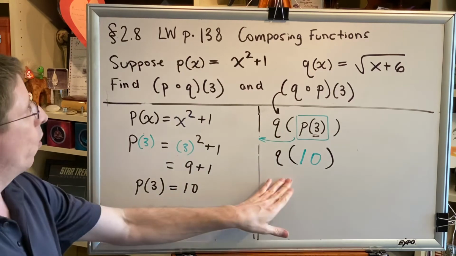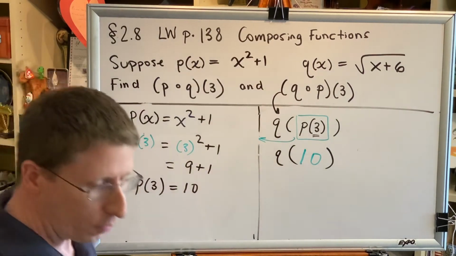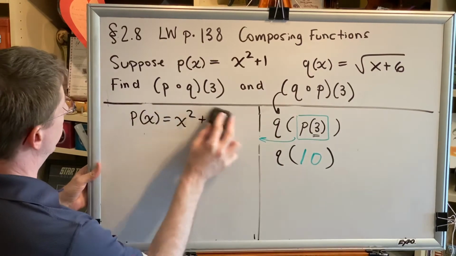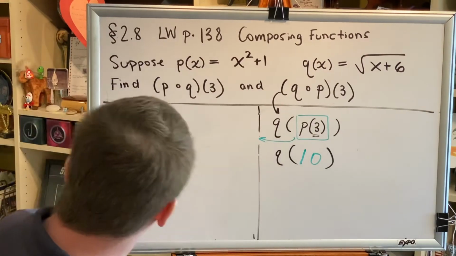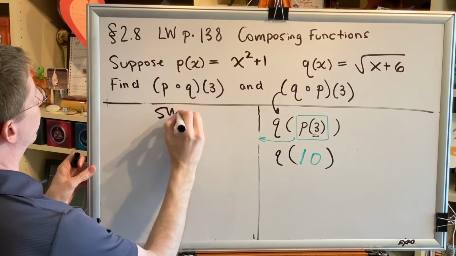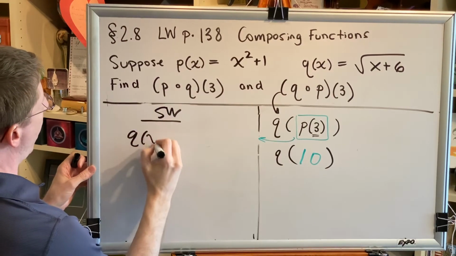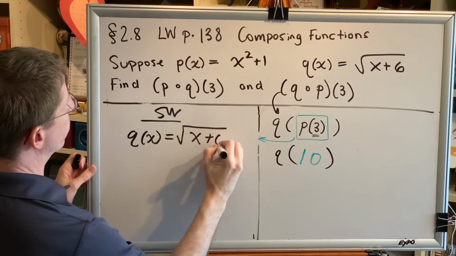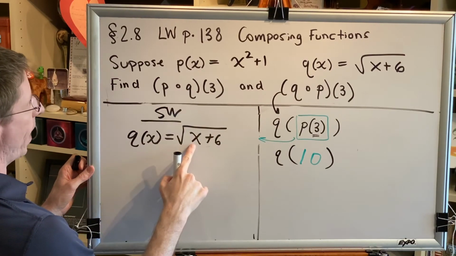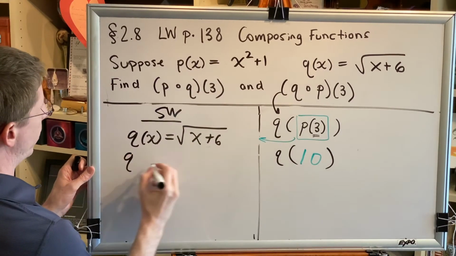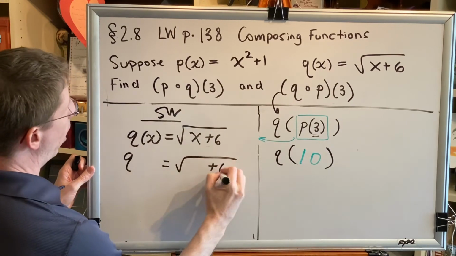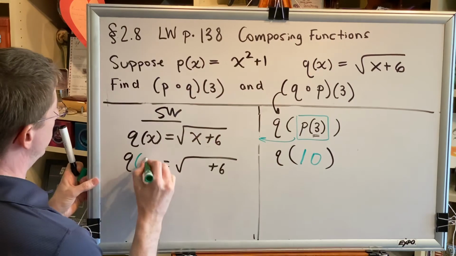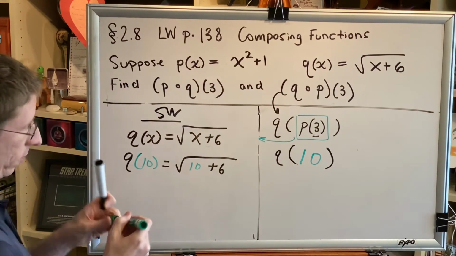Now I need to find out what is Q of 10. Let's go to our side workspace. Q of x is equal to the square root of x plus 6. Replacing each one of these x's with a 10 tells me that Q of 10 is equal to the principal square root of the sum, 10 plus 6.